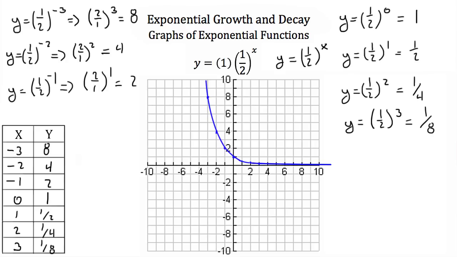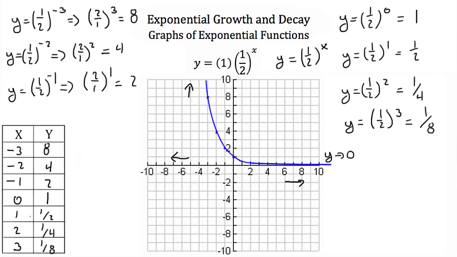Notice this is almost exactly the reverse of our previous graph. As my graph moves towards -infinity, my y value gets very, very large. But as my x value moves towards +infinity in the x direction, now my y value approaches 0.